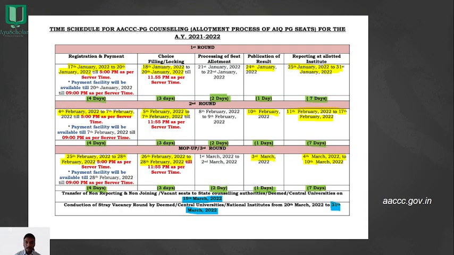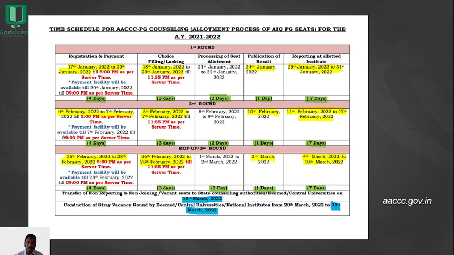This is the time schedule that the AACCC has released via notice. We have to keep in mind some of the important dates for the counseling process to go smoothly. Starting with the registration and payment, registration runs from 17th of January till 20th of January, a time window of 4 days.